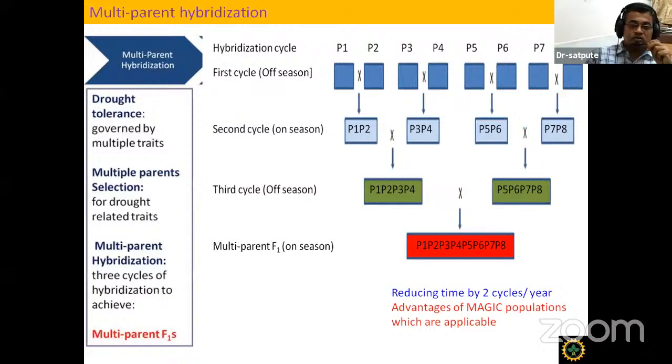To follow the trait, the multi-parent hybridization, as I discussed already, is very similar to the development of a MAGIC population. It's an eight-way cross, and this MAGIC population at our institute has been developed for yield-related traits also, and we are taking that advantage to the drought-related traits.